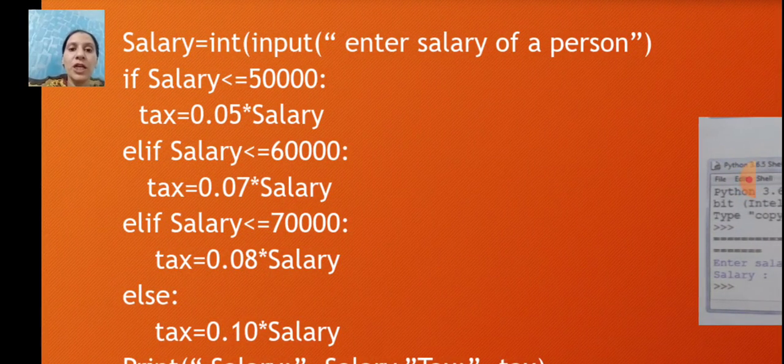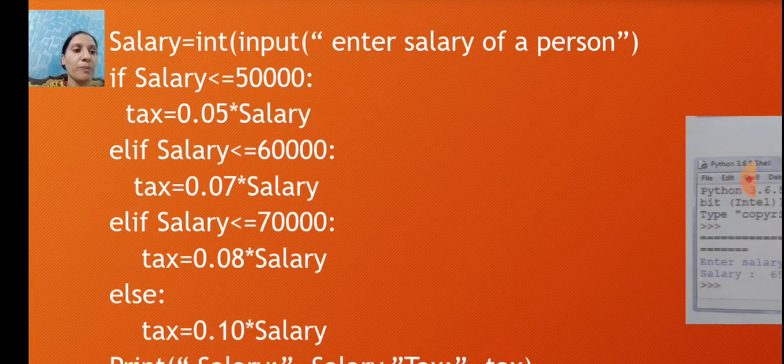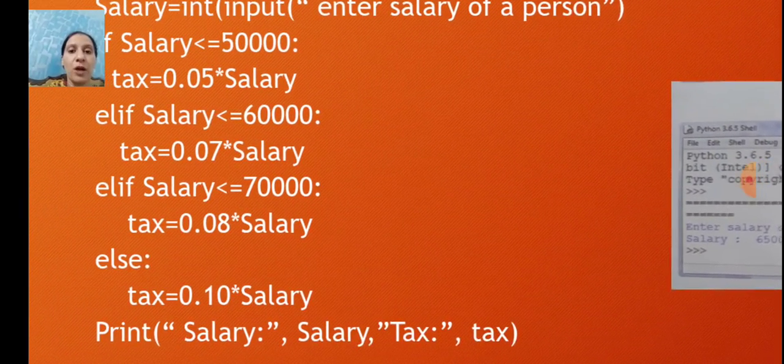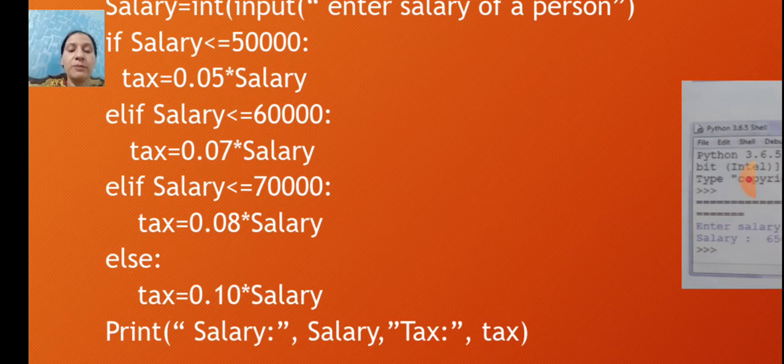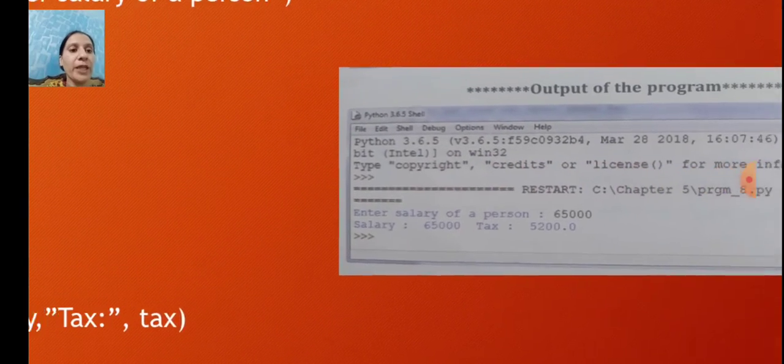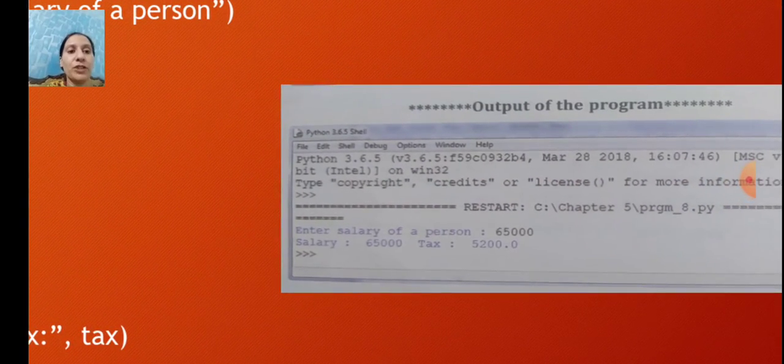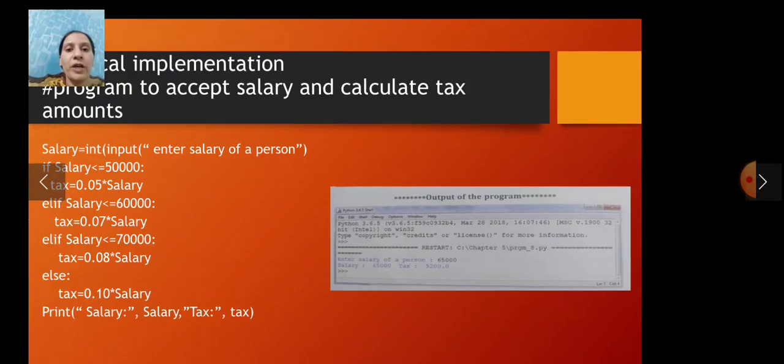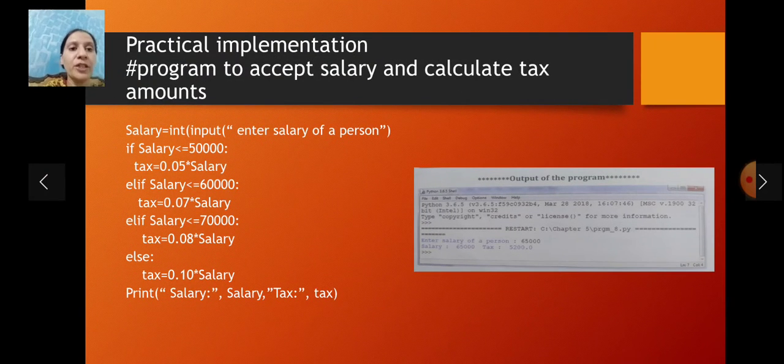We move to the next elif condition. Elif salary is less than or equal to 70,000, yes, our condition is true because we have put salary 65,000. Now the statement associated with this condition will be evaluated. Here tax equals 0.08 into 65,000, and when we evaluate it we get the answer 5200. So in this way the if elif ladder works.